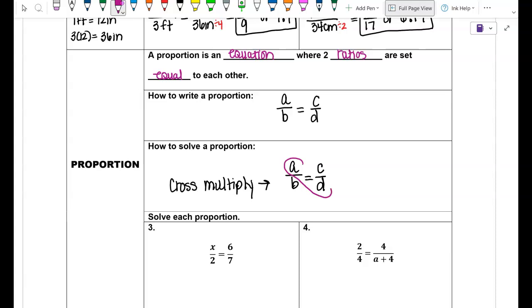A and D are in the same diagonal, so I'm going to take A times D, and that's going to be equal to the other diagonal, which is B times C. So again, I'm going to be looking diagonally and multiplying those together, whether they're numbers you're multiplying together, a number and a variable, or expressions. We're going to see a little bit of everything here in the examples.